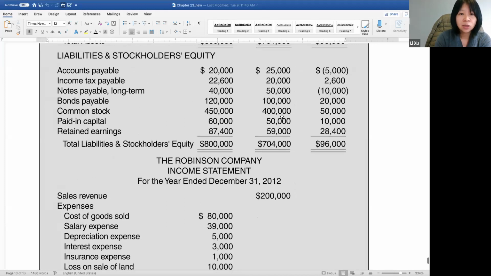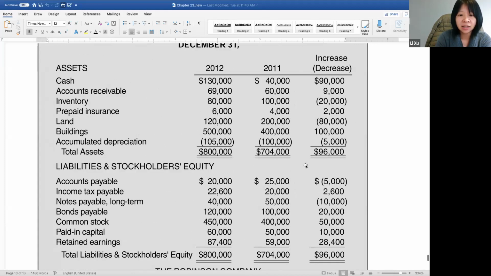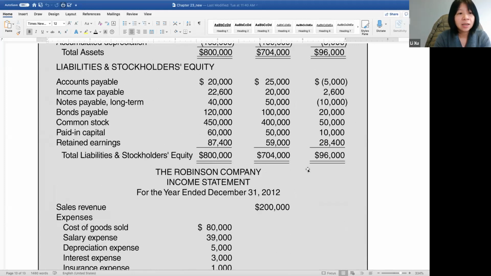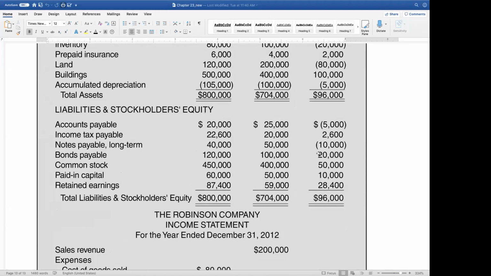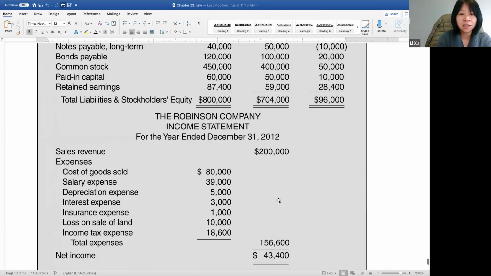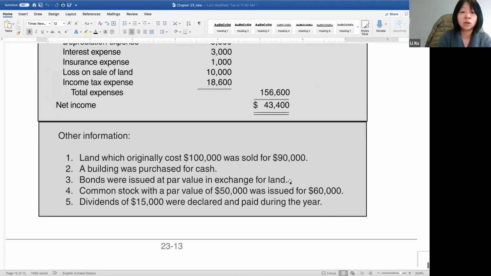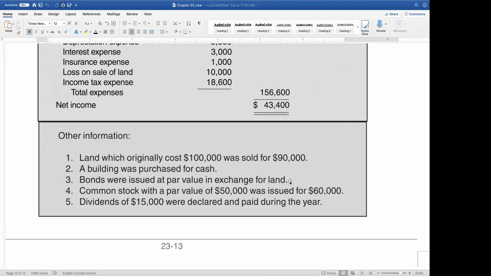That's why you see 80,000 here, not 90, because you sold for 90, but you also issued the bonds payable, which is $20,000, and this $20,000 you use to exchange for land. Okay, exchange for land. So then how much should we put for this land for cash from investing?